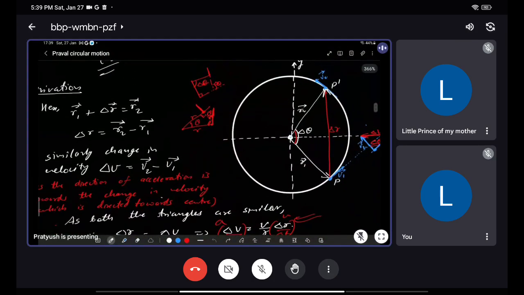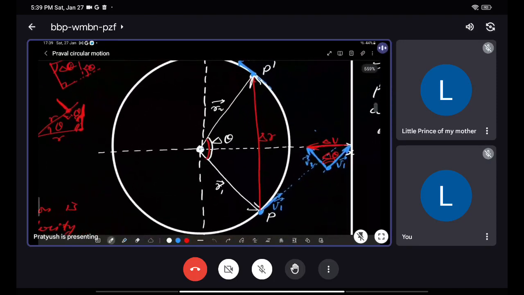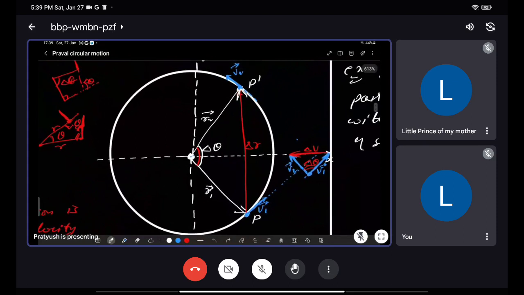Derivation of this angular acceleration. Draw this diagram first of all, carefully.